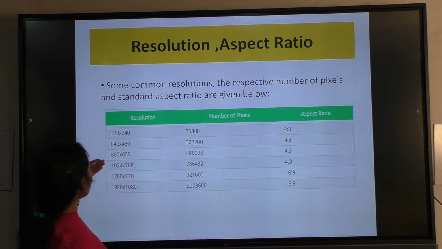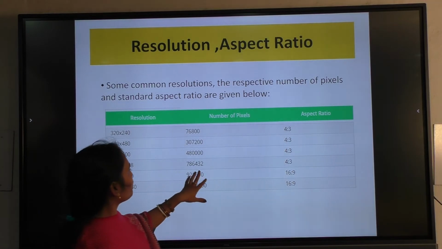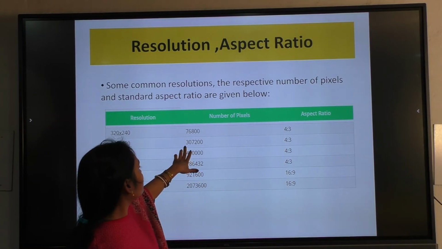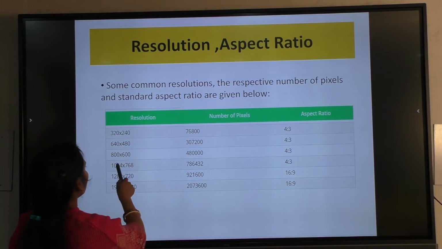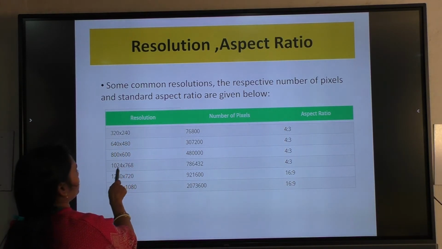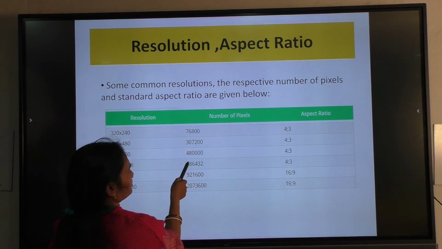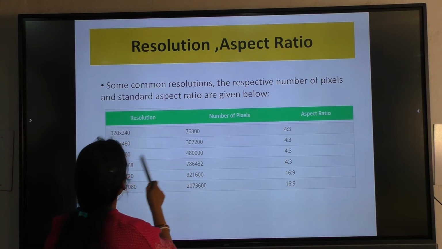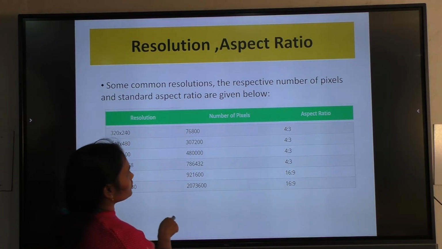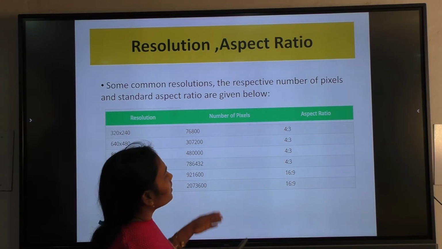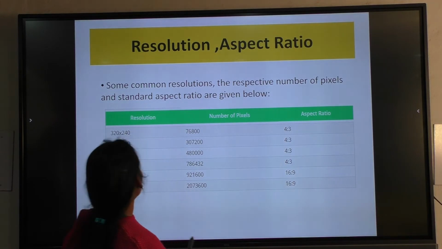In this way, when the resolution is 640 by 480, the number of pixels is 307,200, and when the resolution is 800 by 600, the number of pixels is 480,000. So all these different types of resolutions and numbers of pixels are there, and according to the resolution, the aspect ratio is given.